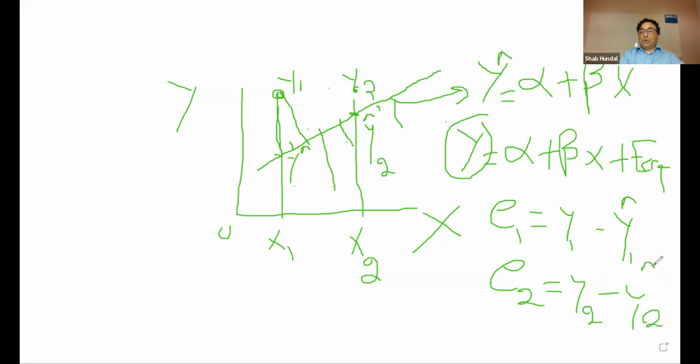At the end of our column, we will be writing that error n is equal to yn minus yn cap. So this is how. In other words, this is the beauty of econometrics: even though it looks very number based, it also incorporates the reality, the behavioral side.